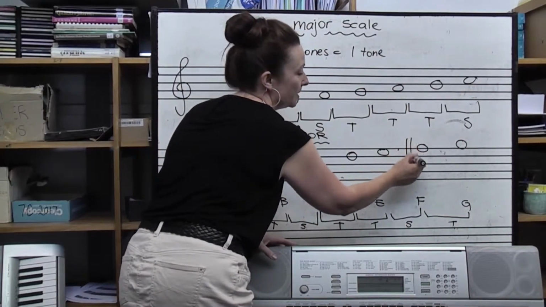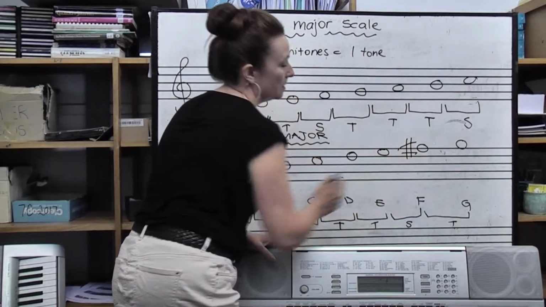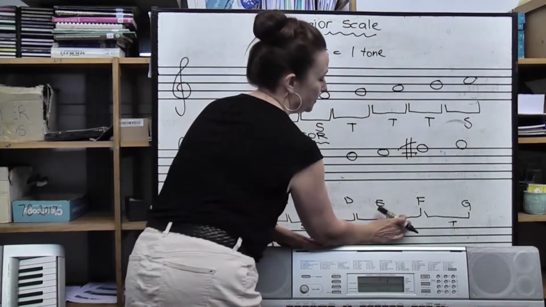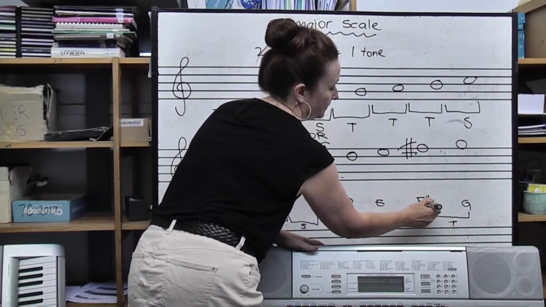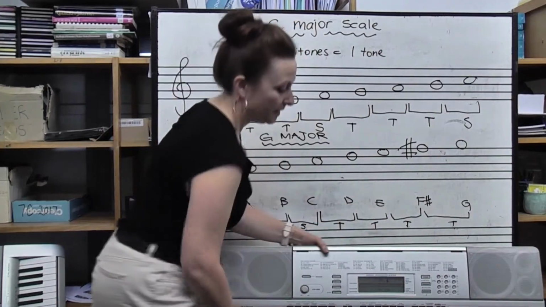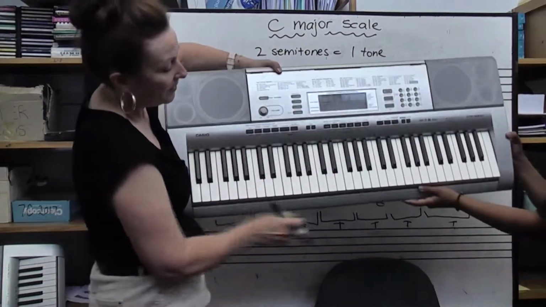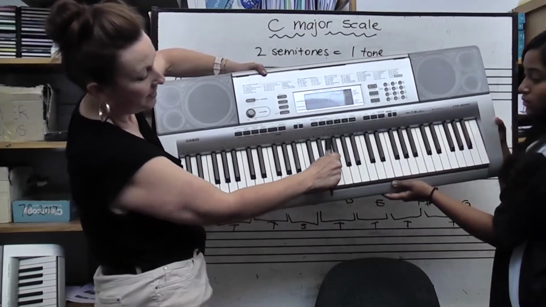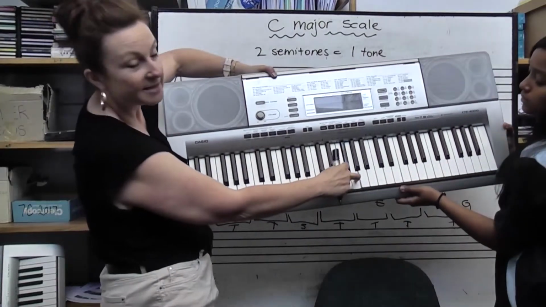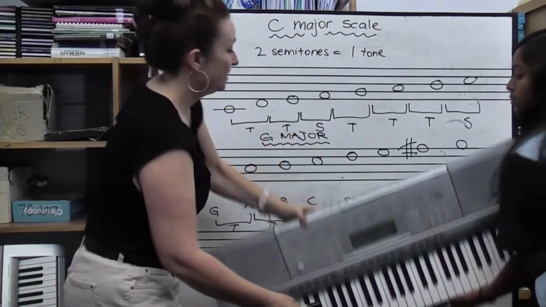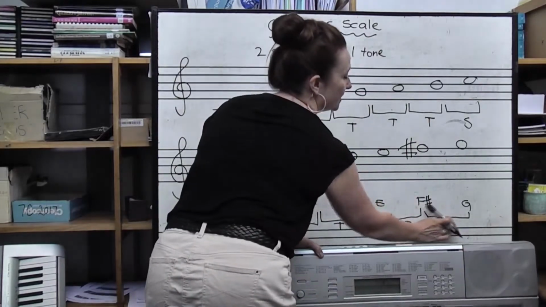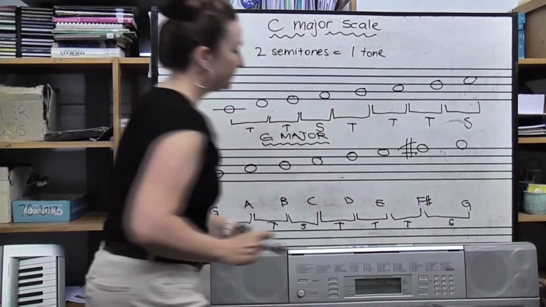Put a sharp in front of it. That makes that a tone. And then you'll notice that that F sharp to the G is a semitone, which makes our last one correct.